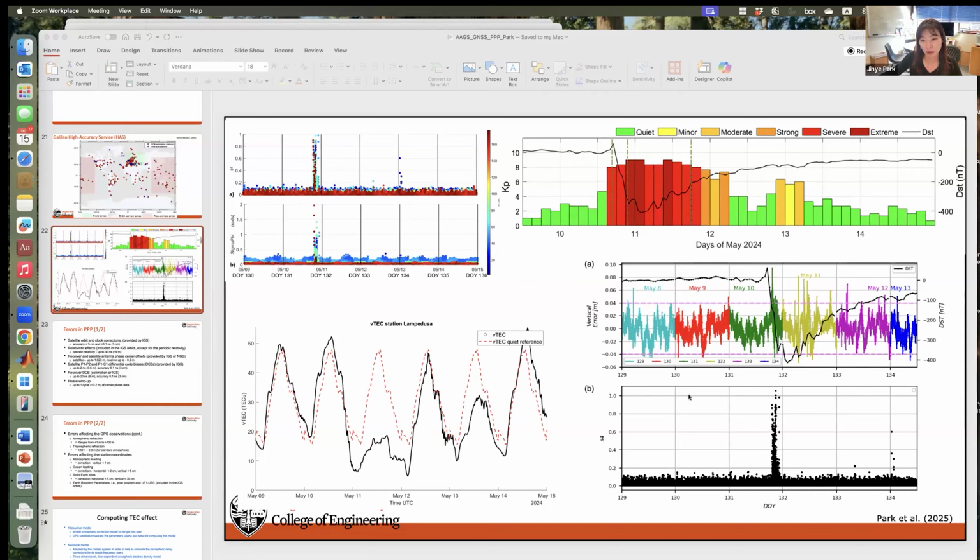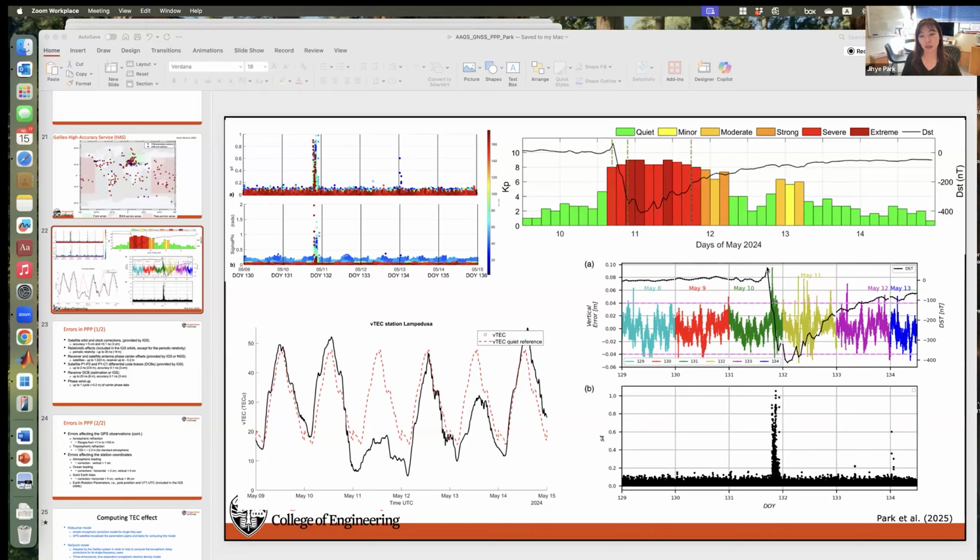The bottom is the occurrence, and the upper one is the vertical component of the PPP error solutions. And you see that during the strong space weather event, the vertical error goes up to almost 10 centimeters, which is not expected for a static PPP solution.